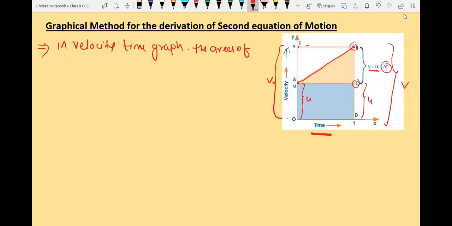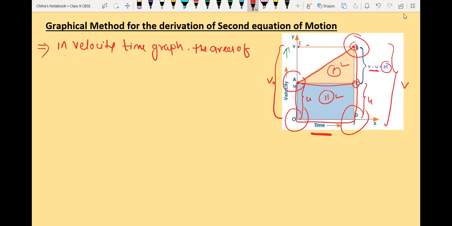See here, we have one part and this is another part. In the quadrangle OADE, we have two structures in between: one triangle and one rectangle.